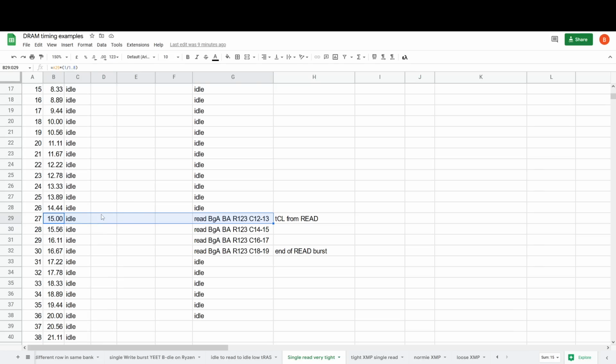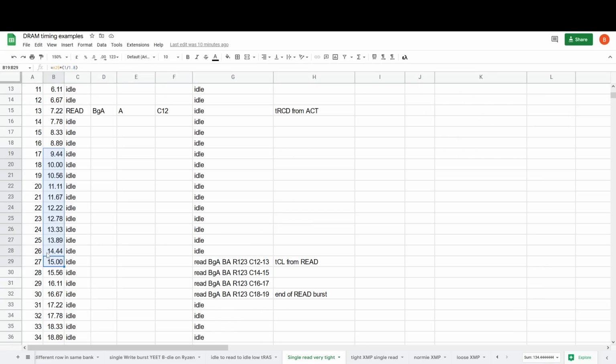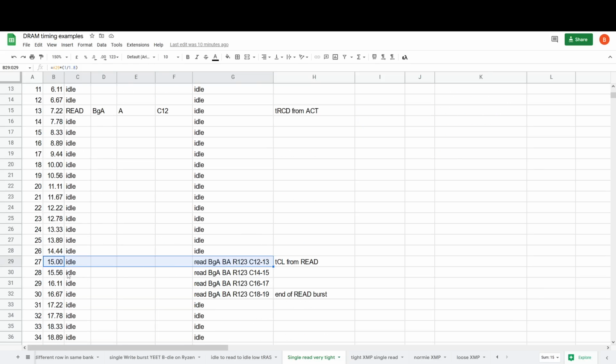So this nanosecond number on the side here is pure memory latency. It doesn't account for the internal latency of the CPU once the data gets to the CPU. This is how long everything takes at the memory stick end of the operation. How long it actually takes for the cores to see your data depends on a lot of other factors.